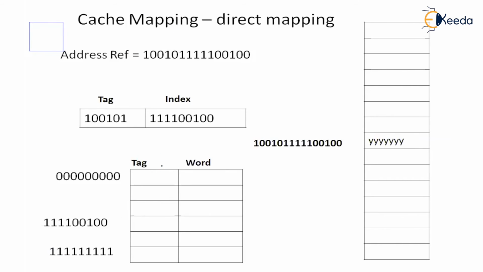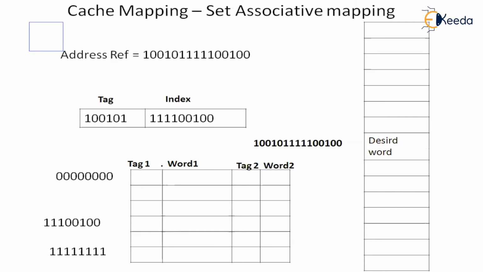In set associative mapping, earlier the problem is that under the same index there is only one tag. But in set associative mapping, under one index you can clearly see there is tag 1, word 1, tag 2, word 2. So when the address has been referenced, locate the index and compare the first tag.